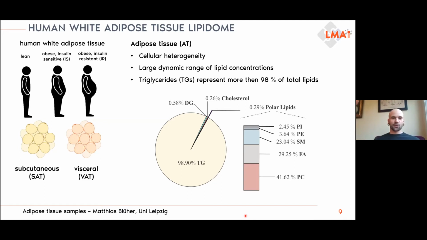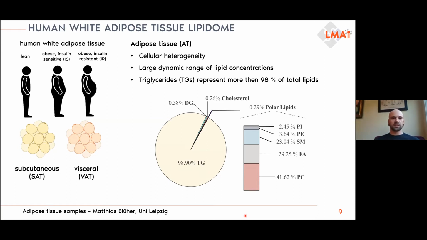It's my pleasure to show today what kind of analytical workflow we developed in order to assess these problems that Maria has just talked about in generating a reference lipidome and understanding differences in the lipidome induced by pathology. Here we looked at various different kinds of adipose tissue samples.